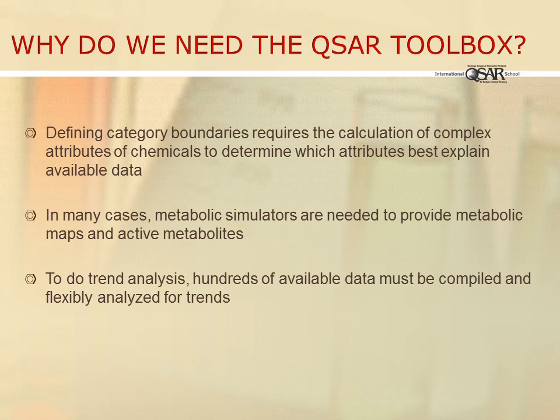When are they similar? Similar enough is probably the right word. Defining chemical boundaries requires the calculation of complex attributes of chemicals to determine which attribute best explains the available data.